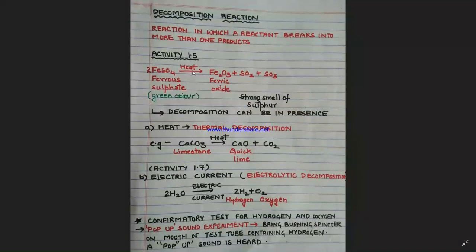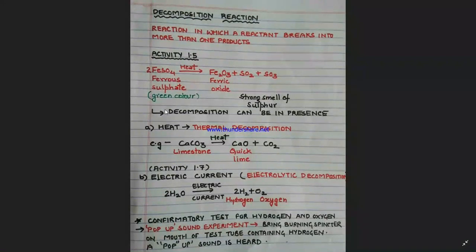When it is heated, it changes into a brown color substance, or brown fumes of ferric oxide. Another observation is the strong smell of sulfur, which tells us that oxides of sulfur are evolved during the decomposition of ferrous sulfate.